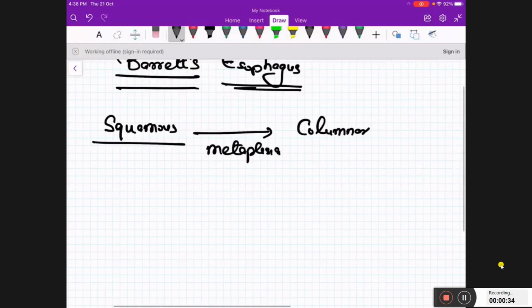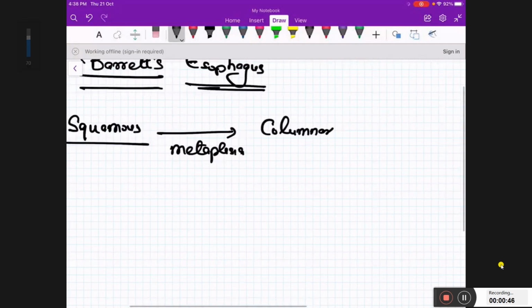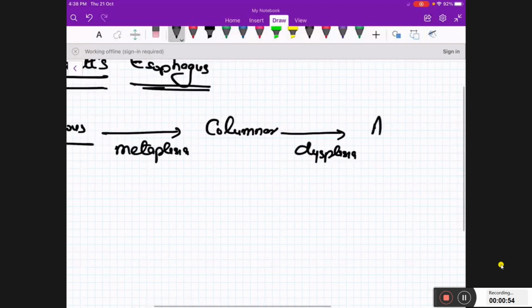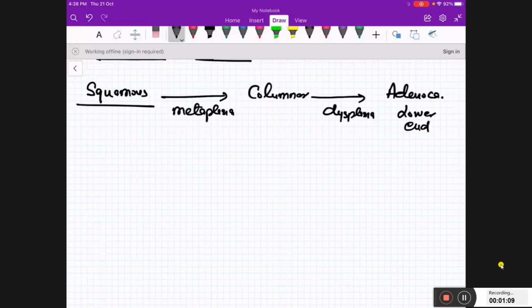So when a squamous lining of the esophagus changes to a columnar lining, it is called Barrett's esophagus, and this Barrett's esophagus may progress to dysplasia and can lead to adenocarcinoma of the lower end of the esophagus.